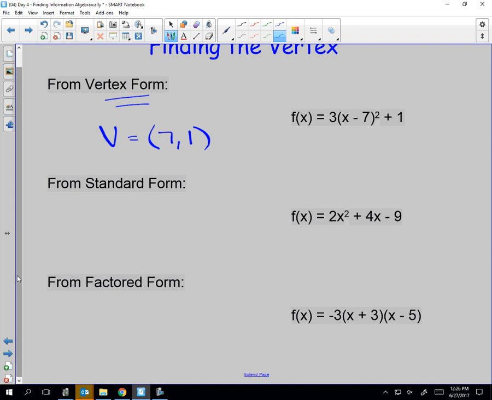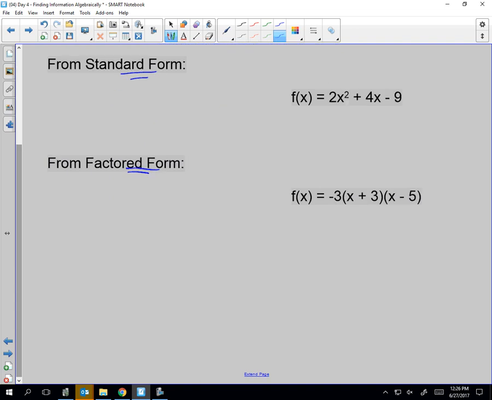Okay, now how can we find the vertex in our other two forms? The way that we find the vertex is a two-step process. Step one is finding the axis of symmetry. So that's where we need to go back and use that tool, x equals minus b, minus 4, over 2 times a, which is 2.